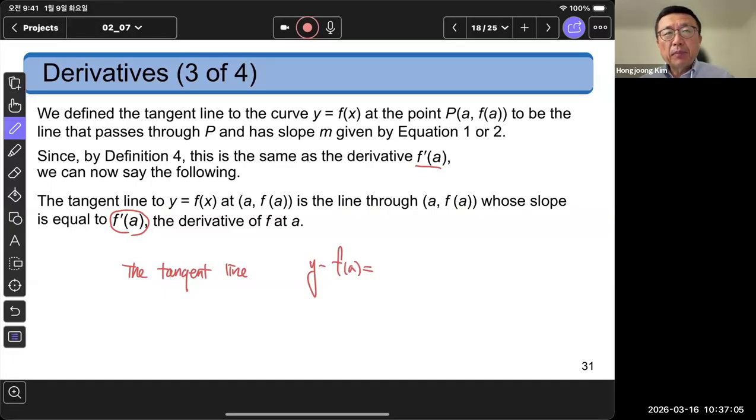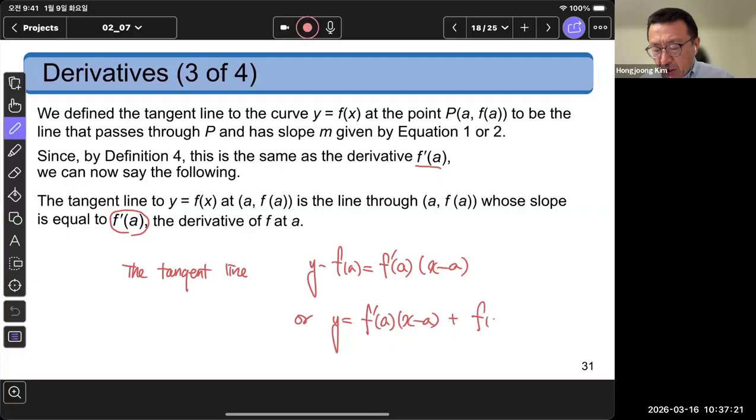Now that m can be replaced by f prime of a, so y equals f prime of a times x minus a plus f of a is the equation of the tangent line, when a and f of a are given.